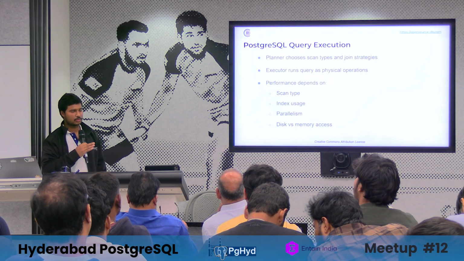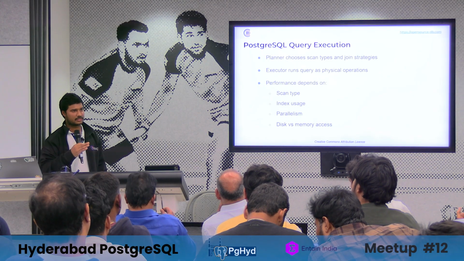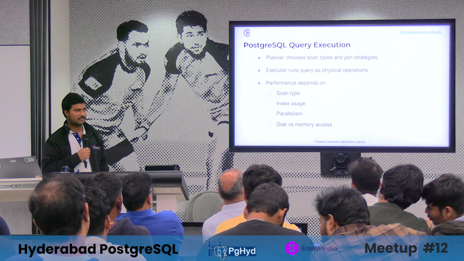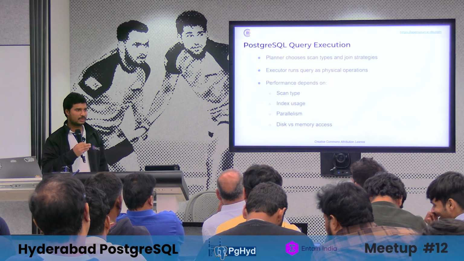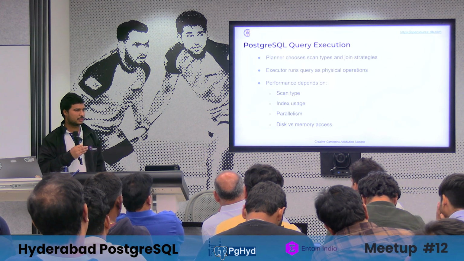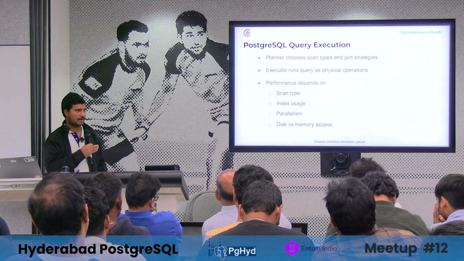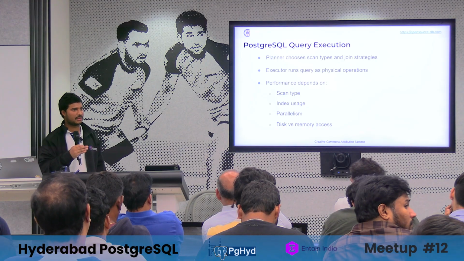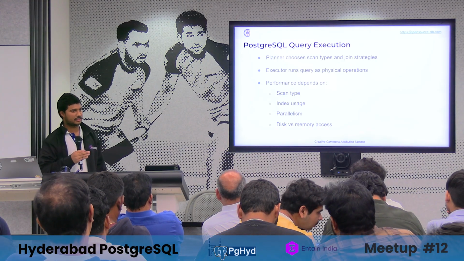First, the planner works out exactly which table it is, checks whether the table has indexes or not, and checks whether the table is present on disk or in the shared buffers.